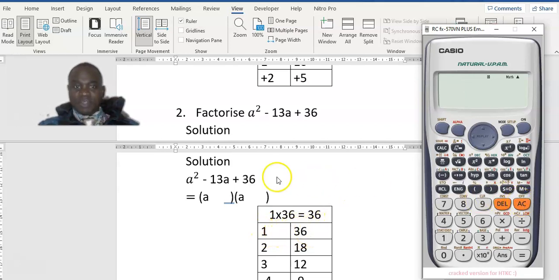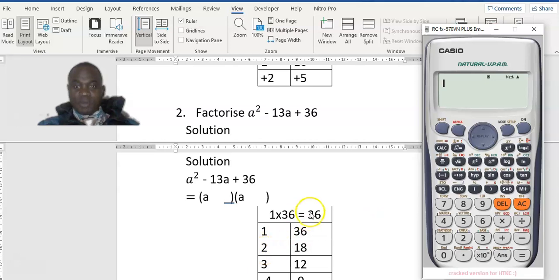Let's see whether it's going to give us minus 13. So minus 1 minus 36. Does it give us minus 13? No. We can't use 1 and 36, or minus 1 and minus 36. Then we move on to 2.